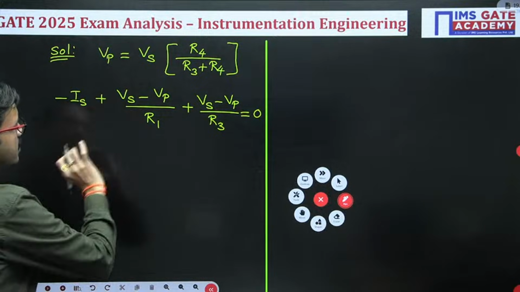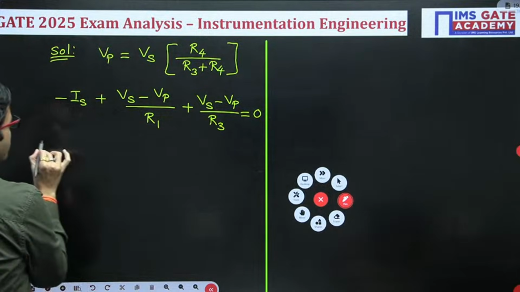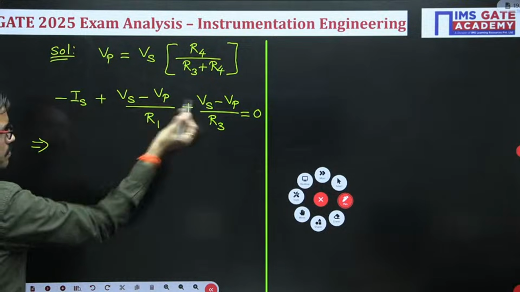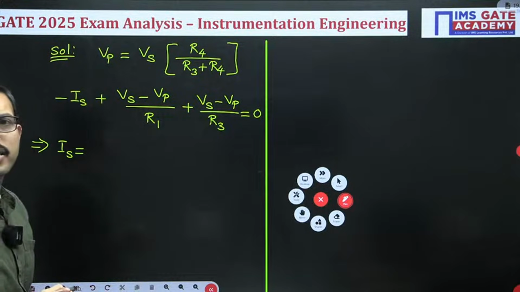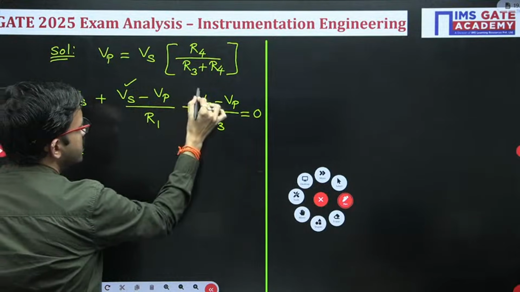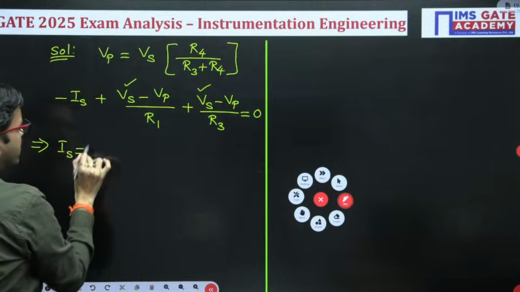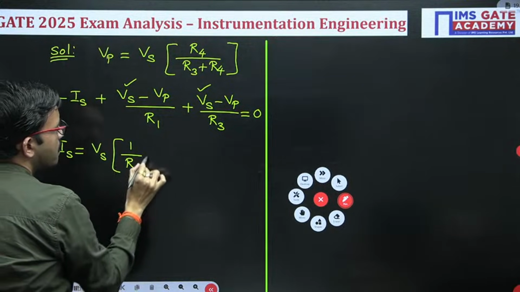Yeah, once it is clear, now this equation you can rearrange. Is I am bringing to the right hand side, it will become positive. Then, very good. Now here Vs by R1 is there, here Vs by R3 is there. So you can take Vs as common. So you are getting 1 by R1 plus 1 by R3.